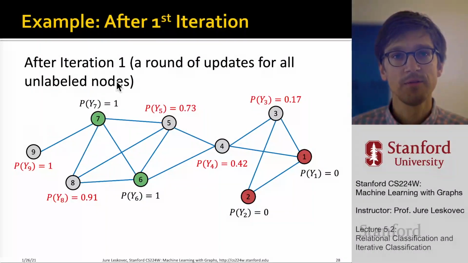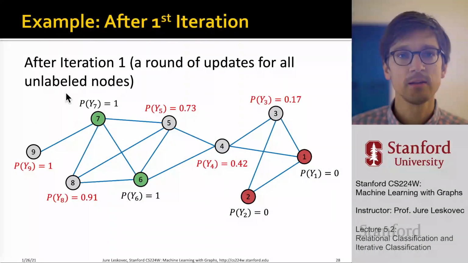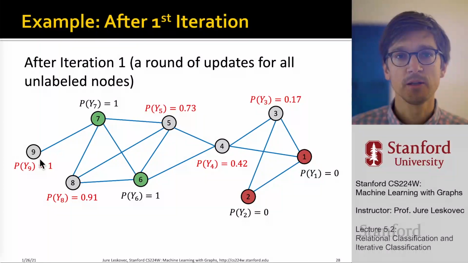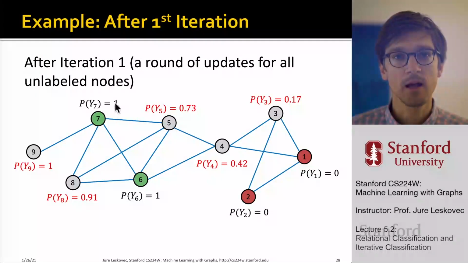After the first iteration of updates of all the unlabeled nodes, these are our beliefs, our predicted probabilities of them being green. Again, the pre-labeled nodes don't get to update, they remain fixed, and all the gray nodes get to update. For example, node number 9 thinks it's green because the only neighbor it has is green with probability 1, so 9 is also very sure it's green.